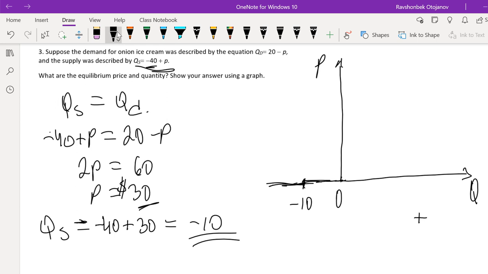So if we were to draw these lines starting with demand, let's say this is 10 here, this is 20, then demand is something like this. That's too high, so let me draw it again.